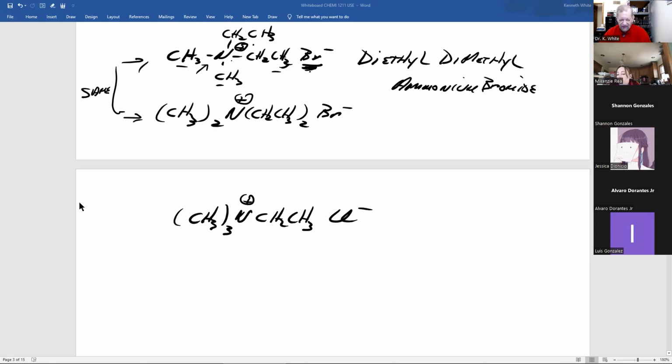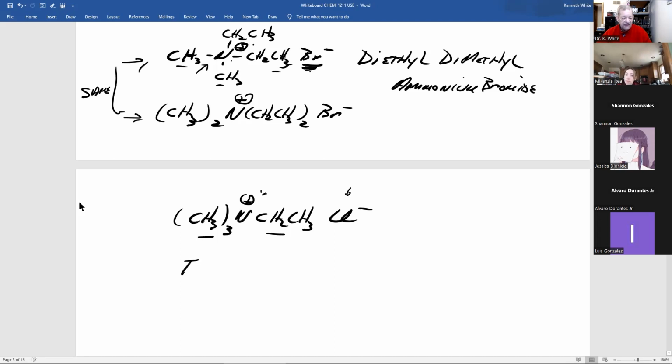And what do we have here? We have a quaternary ammonium salt. Notice there are 3 methyl groups plus an ethyl, 4 groups on a nitrogen with a plus charge, and all molecules have a net zero charge, so we have an anion.